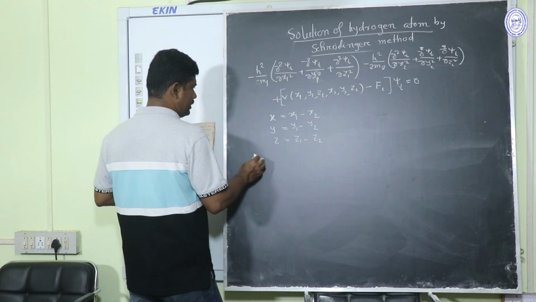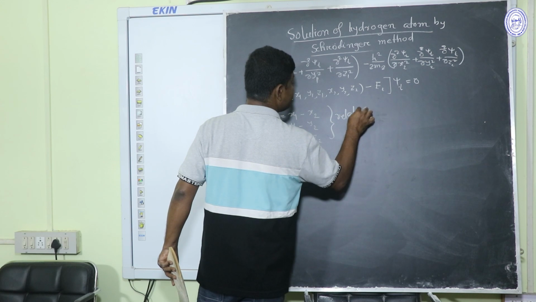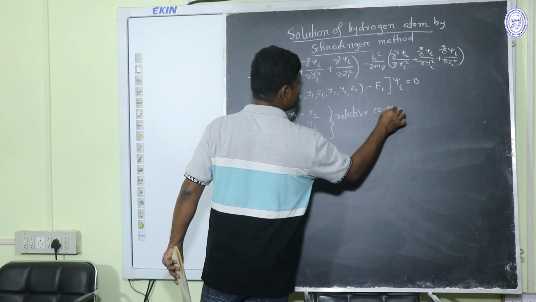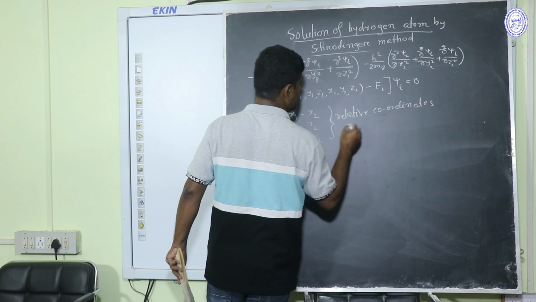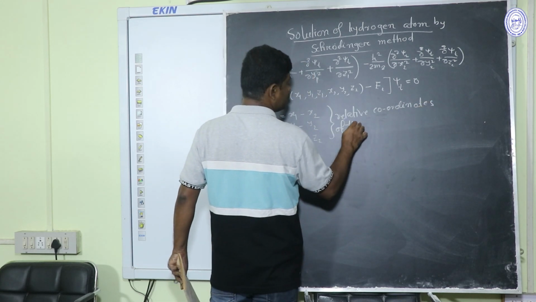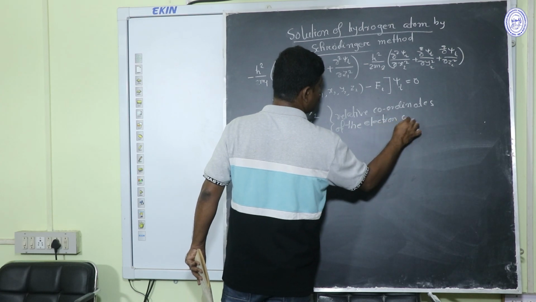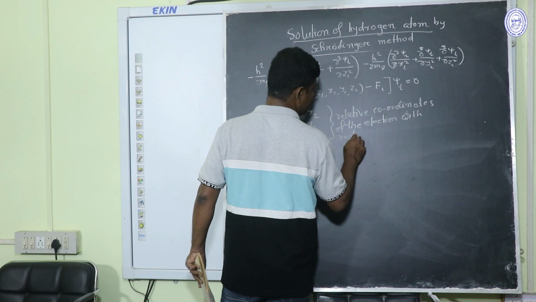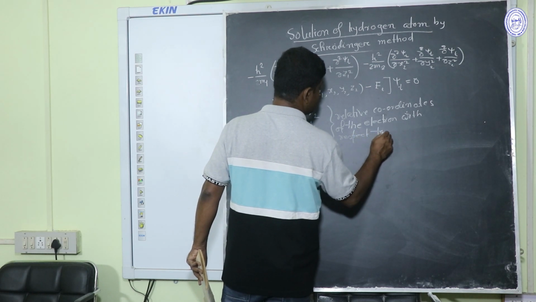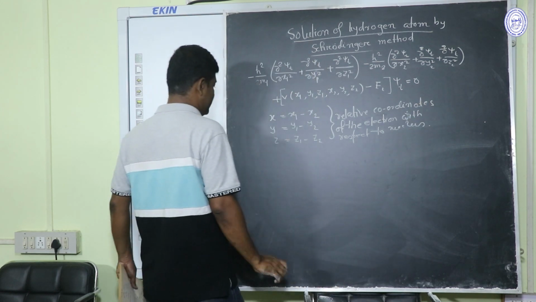These are the relative coordinates of the electron with respect to the nucleus.